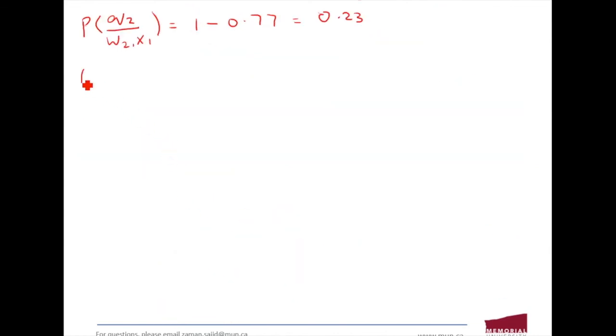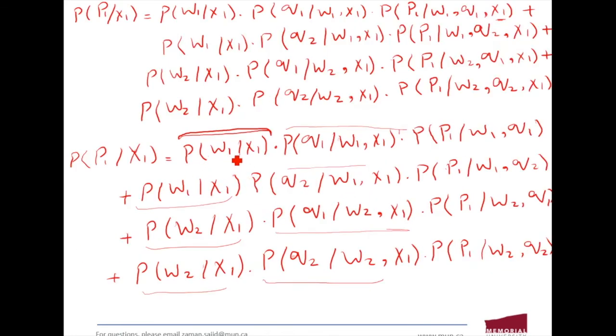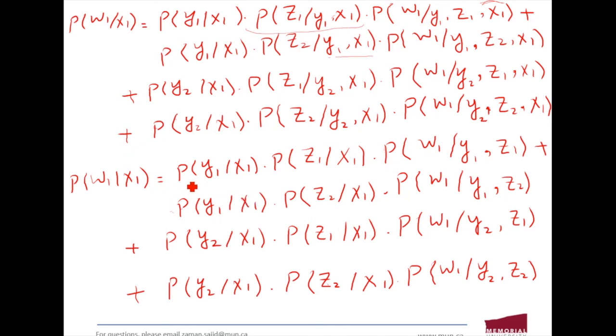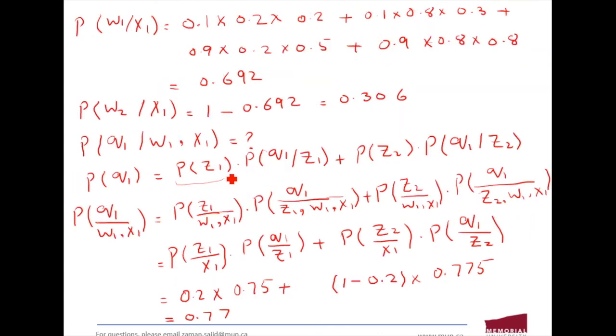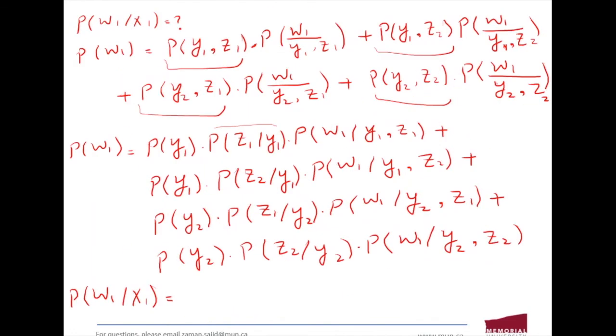So the probability of P1 given that X1 is equal to, let's start from here. I need to have the probability of the W1 given that X1. So the probability of W1 given that X1 is 0.692. So this is 0.692 multiplied by the next term.